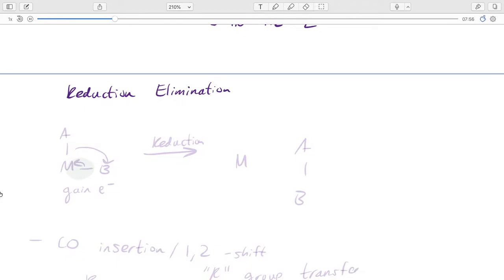So what we've got is the metal attached to two different elements. All we have to do is pull this pair of electrons up from the B, pull the sigma bonds from the metal to A, and we get A, B. And you see right here, it's gaining electrons.